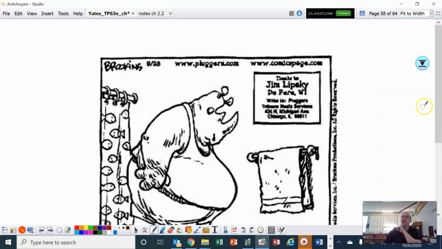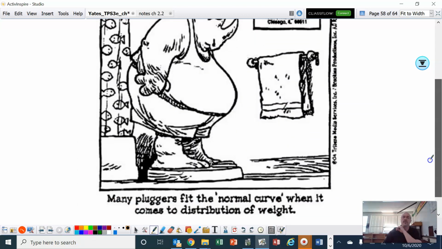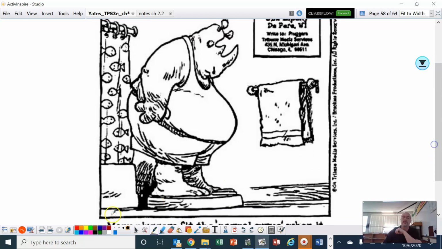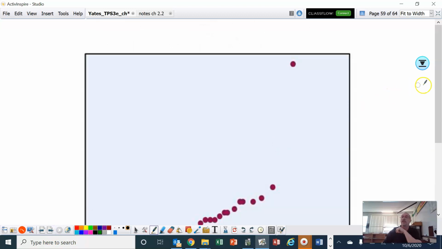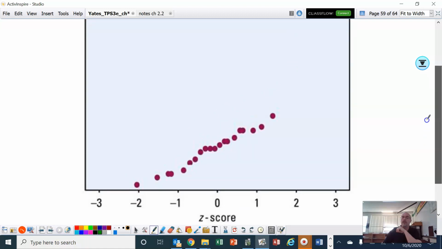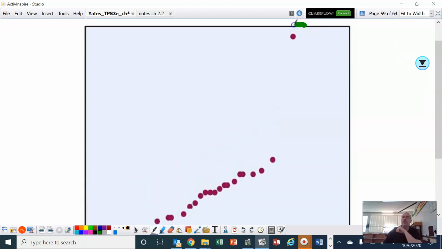All right, here's a little funny that you can look at. Many plots fit the normal curve when it comes to distribution of weight. Weights are approximately normally distributed, folks, believe it or not. Heights, the height of people, are approximately normally distributed. And again, there are some more things I want you to look at. These are in your book. You can definitely see, folks, we've got an outlier on this one.